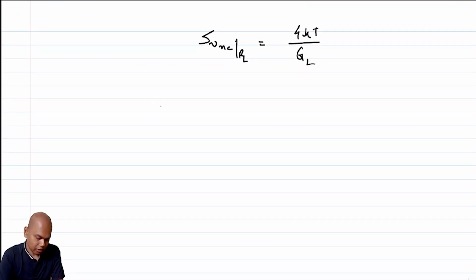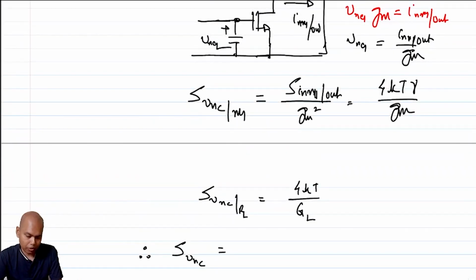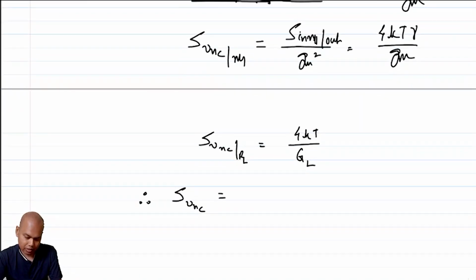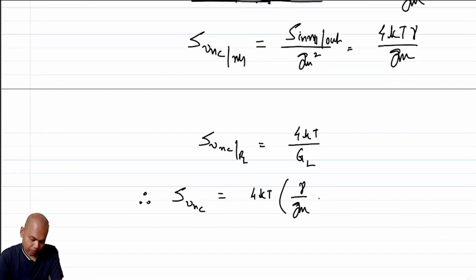So what is the total input referred noise across the capacitor? It is the summation of the two uncorrelated noise spectral densities, which means this is 4kT times (gamma/Gm plus 1/GL).